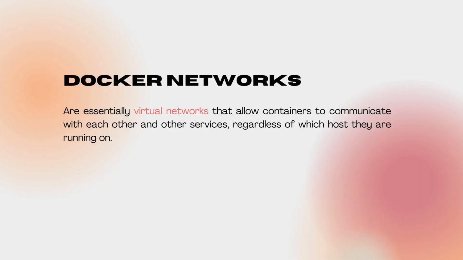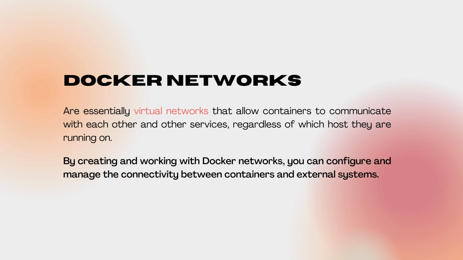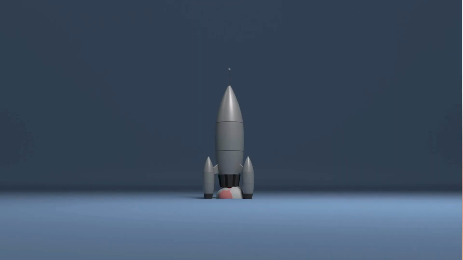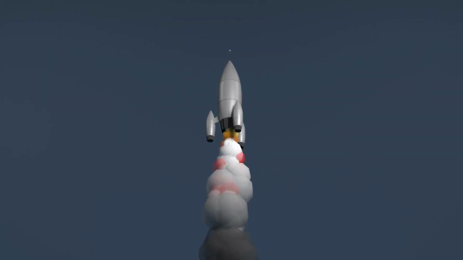Docker networks are essentially virtual networks that allow containers to communicate with each other and other services, regardless of which host they're running on. By creating and working with Docker networks, you can configure and manage the connectivity between containers and external systems. With that said, let's dive in and explore the world of Docker networks.